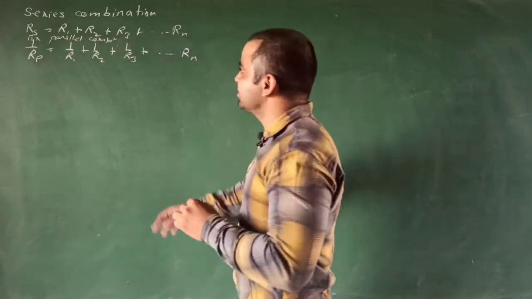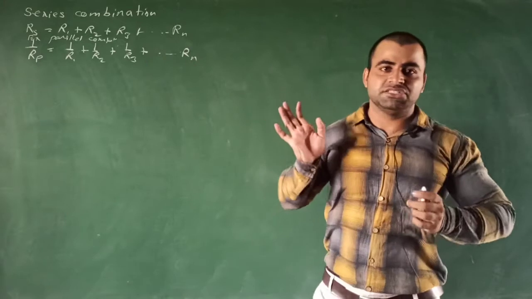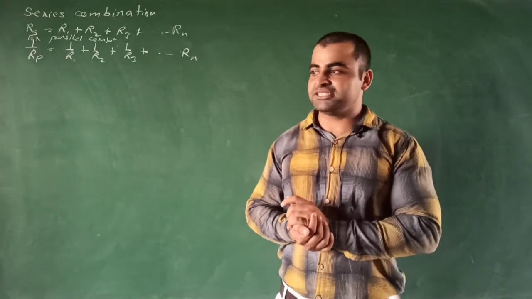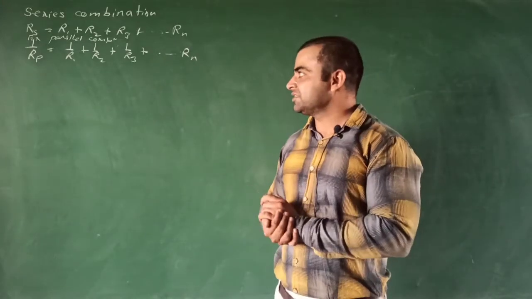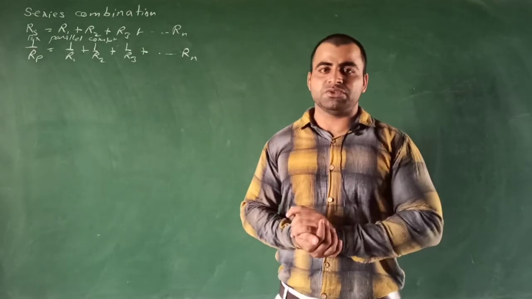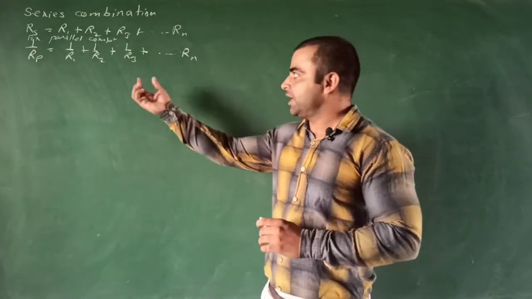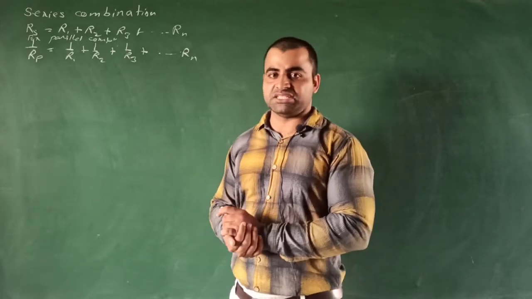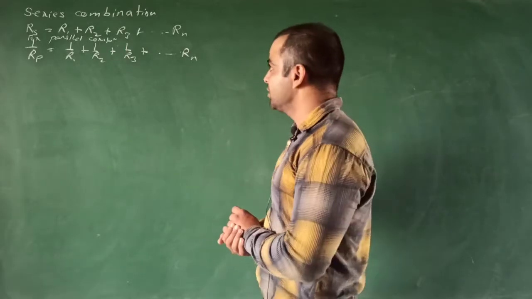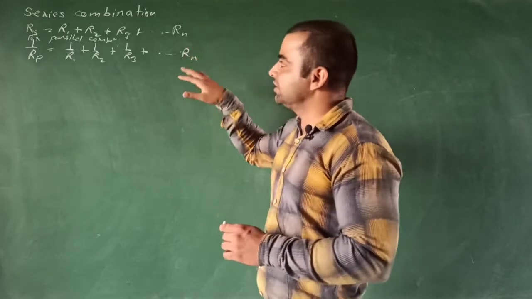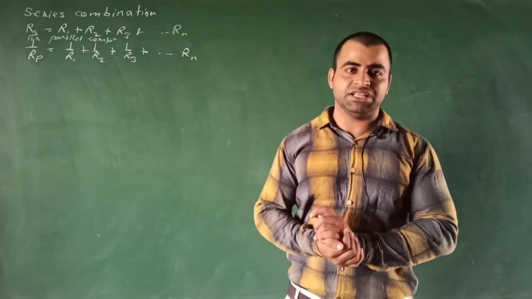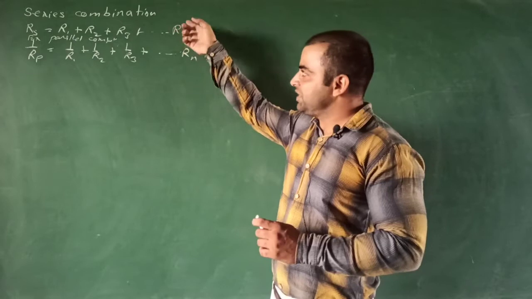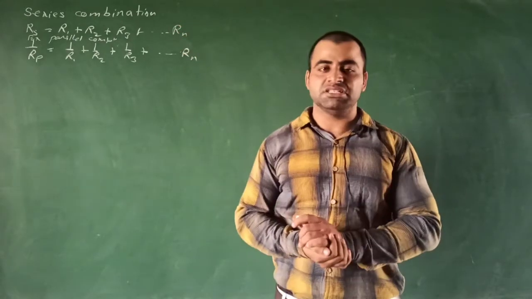In series combination, resistance is the sum of individual resistances, and in parallel combination, the reciprocal of net resistance equals the sum of reciprocals of individual resistances. So here we will see which combination is beneficial and which is not.